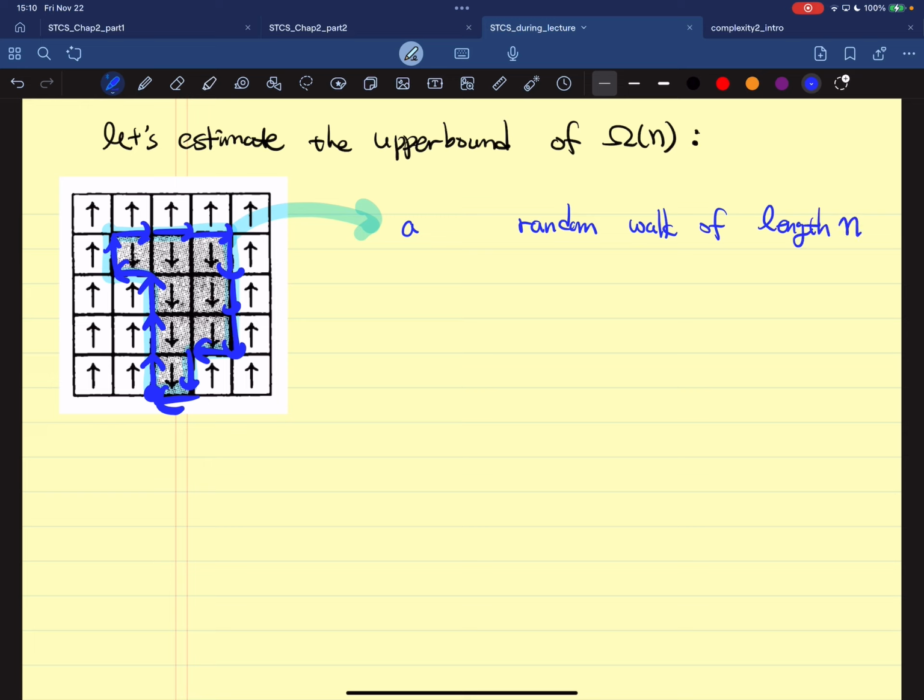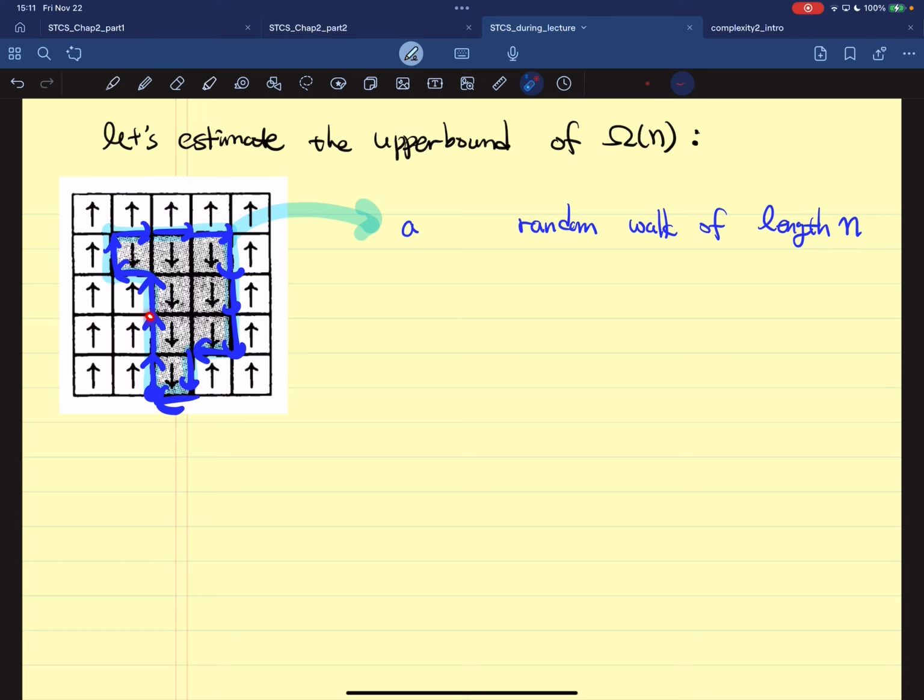Of course, this is not just any random walk. Suppose you are standing here, then in principle, you can walk from here to here, or here, here, or here. But to make a domain, a necessary condition, not a sufficient condition, would be that you cannot go back to the original place where you came from.